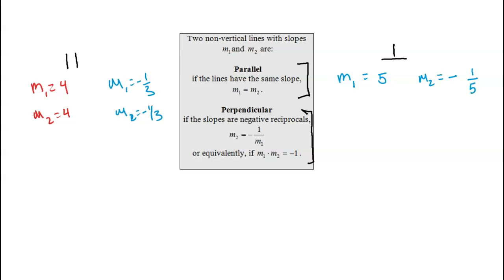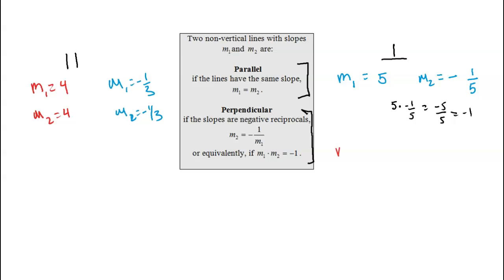So I flip the 5 and I make it negative 1/5. If you multiply these together, 5 times negative 1/5 becomes negative 5/5, which ultimately gives you negative 1. So that's an example of negative reciprocal slopes.